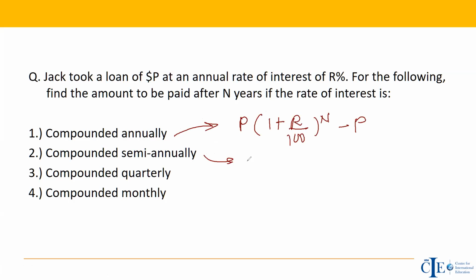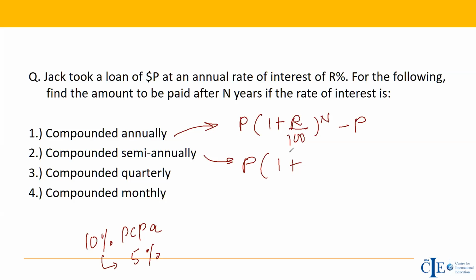On a semi-annual basis, the amount would be, now, if I'm charging 10% on a yearly basis, that's per annum. On a half yearly basis, of course, I would be charging interest at half the percent. On a yearly basis, you charge interest at the end of the year, so only once in a year.